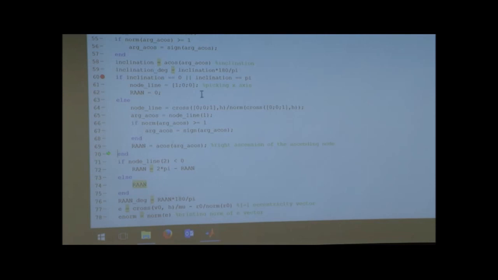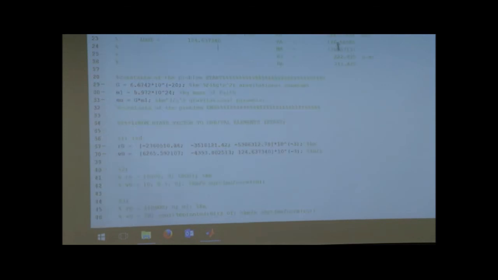Do another arc cosine. This time we're computing the RAAN. That's in radians. If the node angle is past pi, we fix that, and then finally convert to degrees. 324, etc., and that's this number up here.